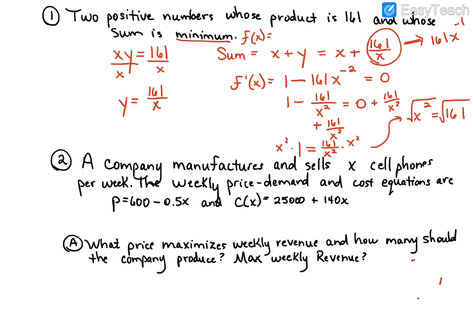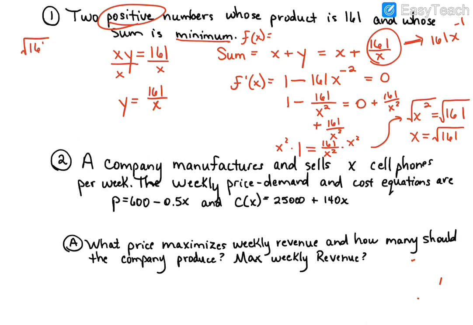Normally we'd consider both the positive and negative, but because they specifically said positive numbers, we're only going to look at the positive square root. And you can't really simplify the square root of 161, so we're just going to leave it as the square root of 161. So there is one of my positive numbers.